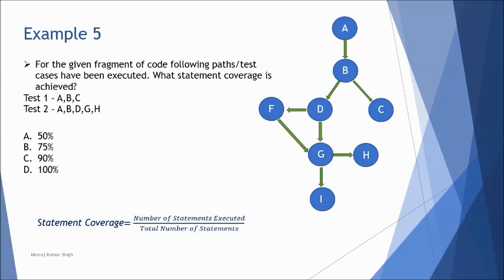We have 8 statements in total, and the number of statements covered by these two tests, test 1 and test 2, is 6. A, B, C, 3 are covered. Then A, B, D, G, and H, where F and I are the 2 statements which are not tested. So if you divide 6 by 8, you get 75% coverage. And the answer is B in this case.